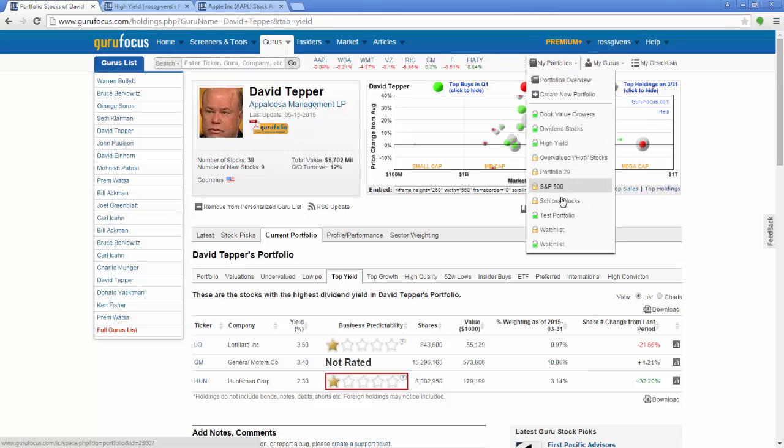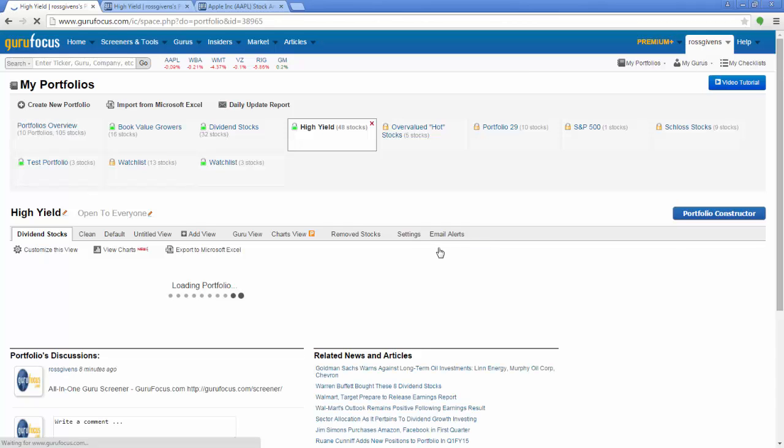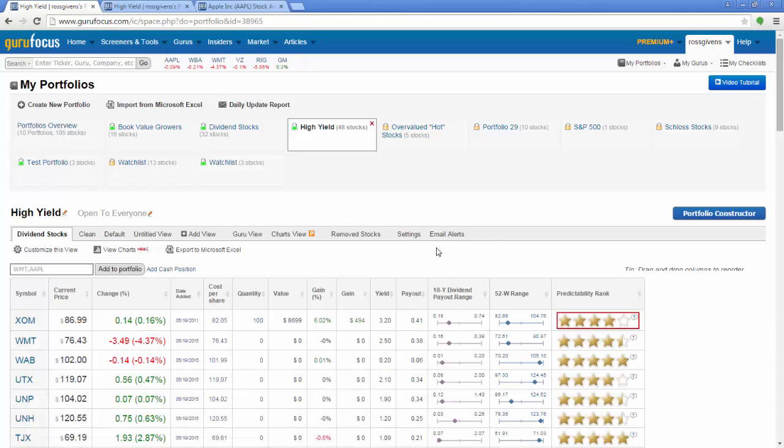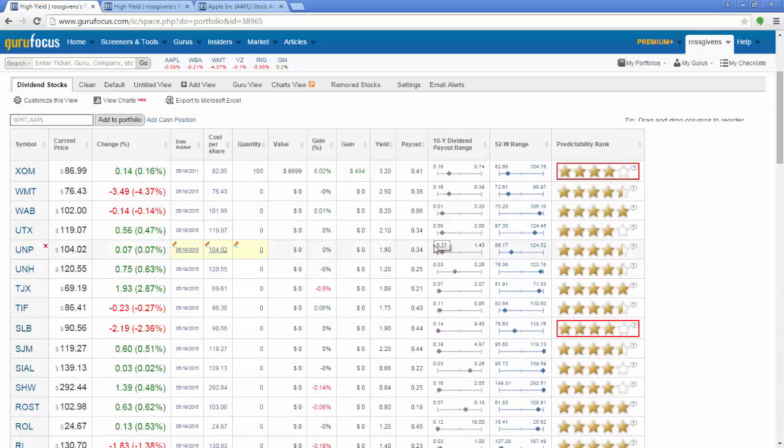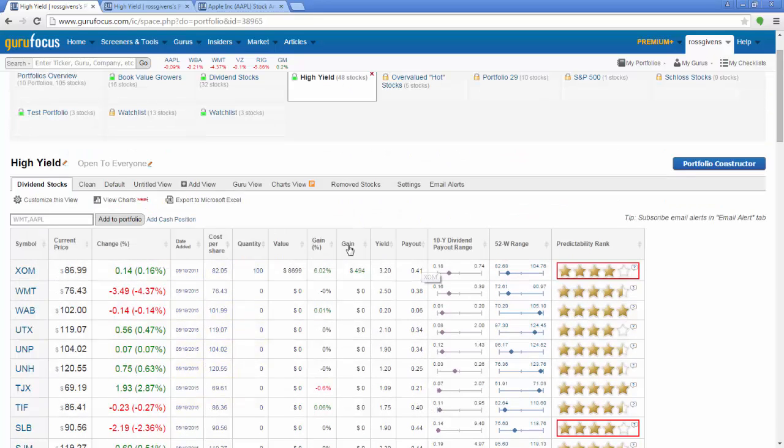Oh, up here at the top, my portfolios, we put the one high yield together, and you can monitor this portfolio. You can make additions to it. You can make subtractions. But it's a nice way to track it. Even if you just want to track it in your mind, say, these are the ones I'm thinking about buying today. Come back in a year, see how they performed, and sometimes you end up kicking yourself for the fact that you didn't buy them. But it's a really nice way to keep track of everything.